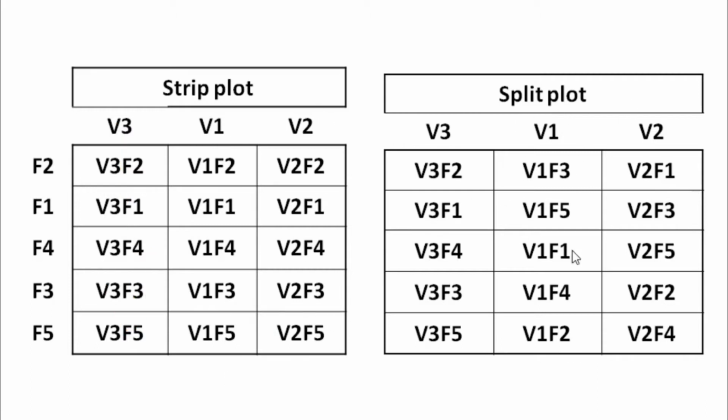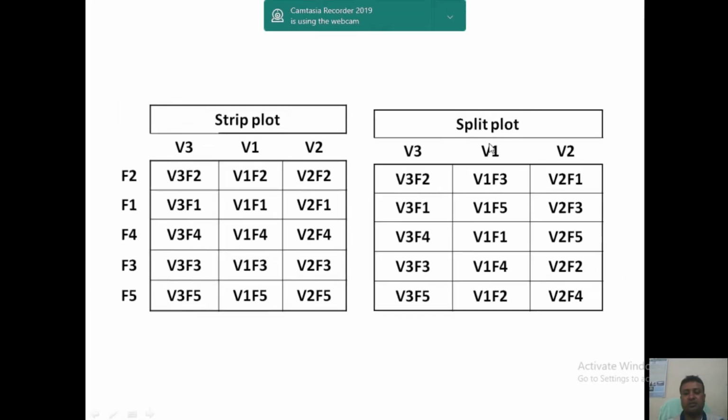But in a split plot, the main plot is divided into 5 fertilizer subplots, whereas a strip plot cannot be divided. So this is our strip plot design and this is our split plot design.